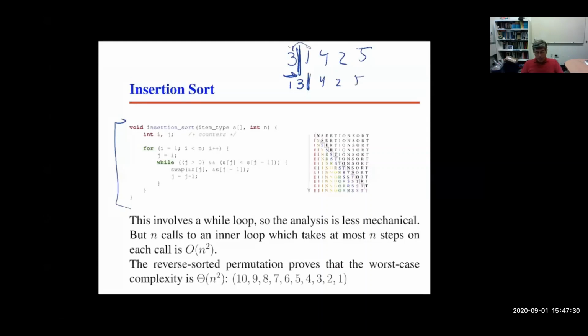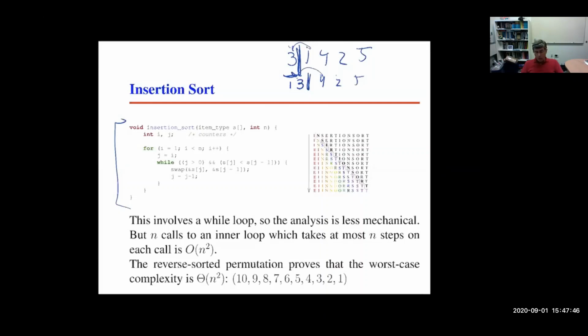If we have a 4, it'll take only one comparison to decide 4 is bigger than 3 and not feel a need to move in. So in fact, at that point, we can stop looking.